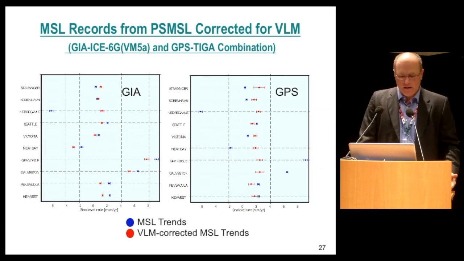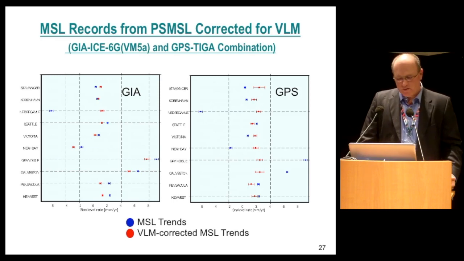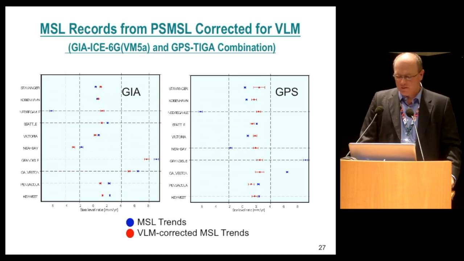On the left-hand side, we have the GIA, and on the right-hand side, we have the GPS-derived vertical velocities. In blue, we have the mean sea level trends uncorrected, and in red, we have them corrected with vertical land motions. And you can see how on the right-hand side, individual, large-moving stations can be corrected much better using the measurements actually at the site than with GIA.